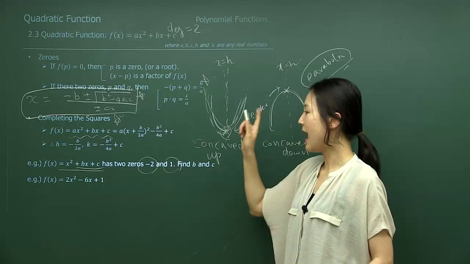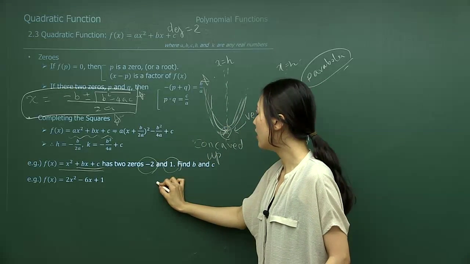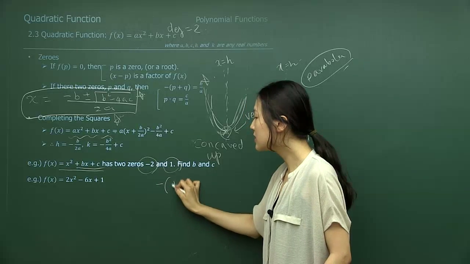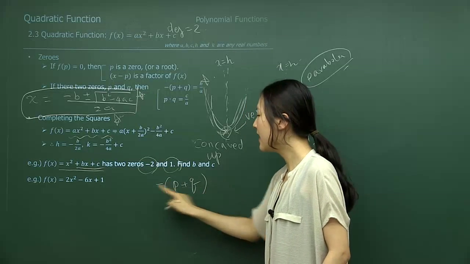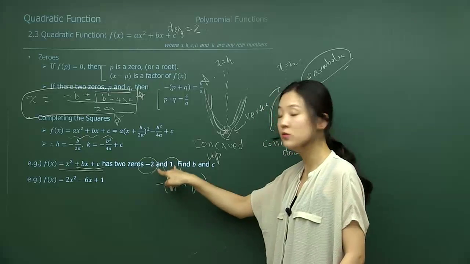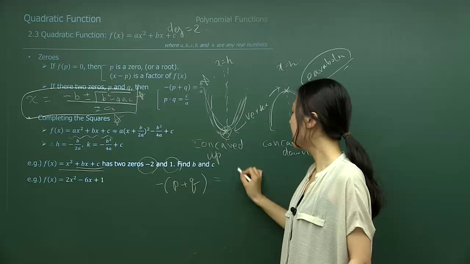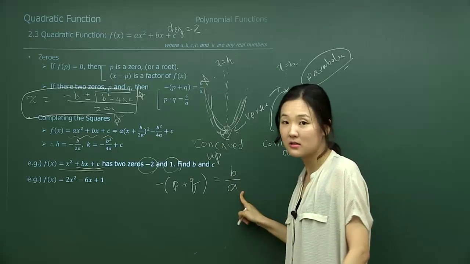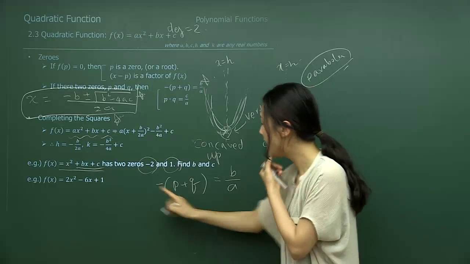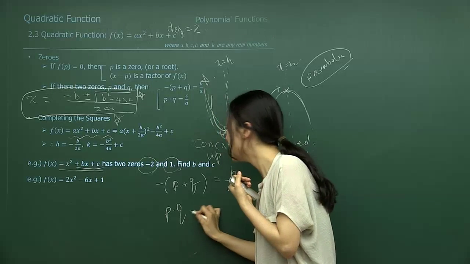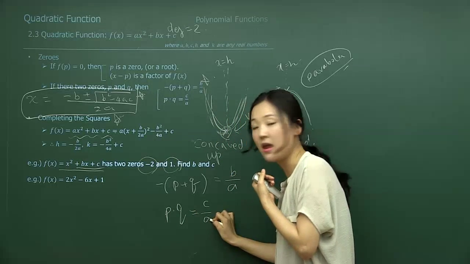Remember the rule? The negative sum of the two zeros equals B over A, where A is the leading coefficient, and the product equals C over A, right?